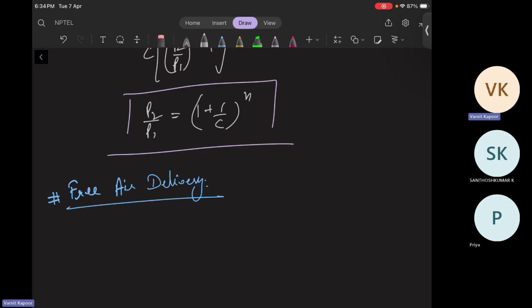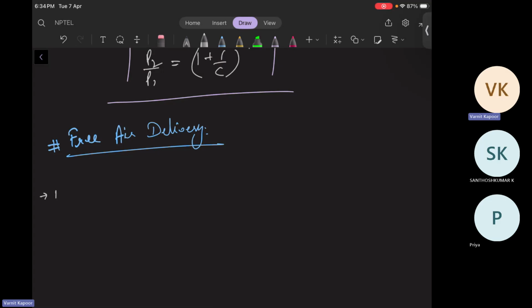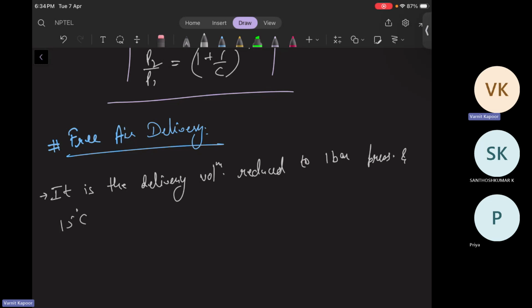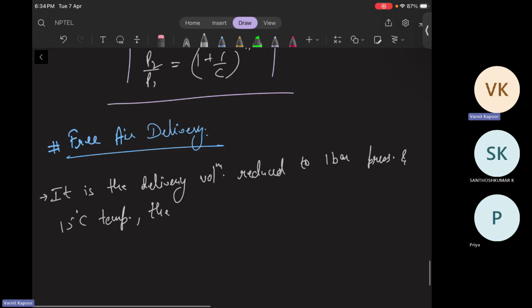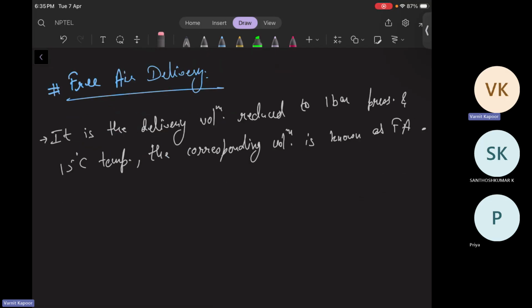Let me write. It is the delivery volume reduced to 1 bar pressure and 15 degrees Celsius temperature, and the corresponding volume is known as free air delivery, FAD in short form.